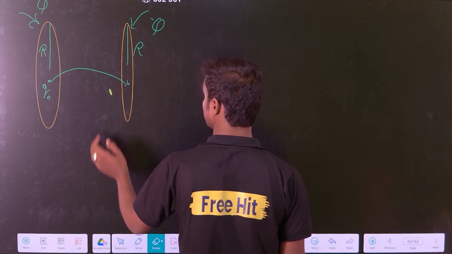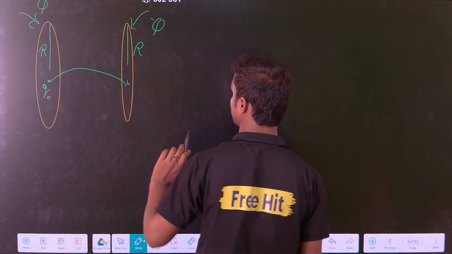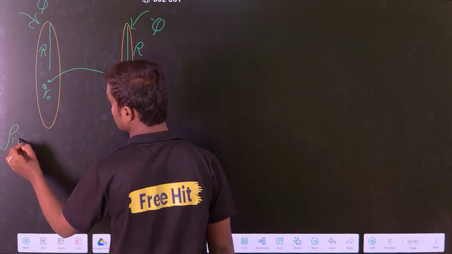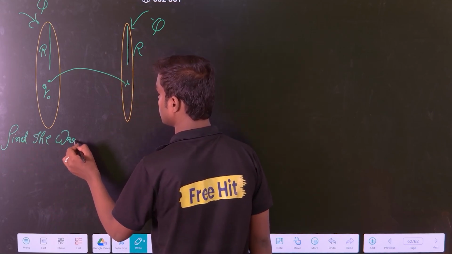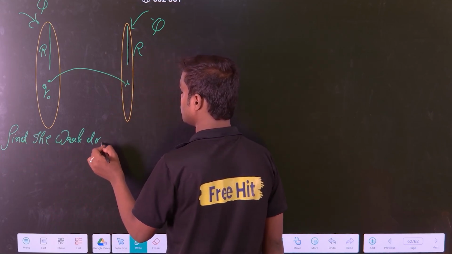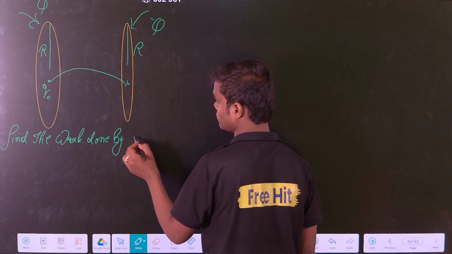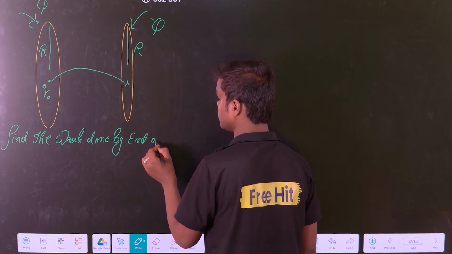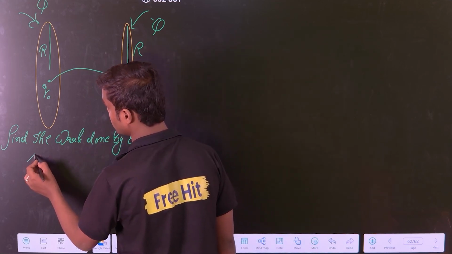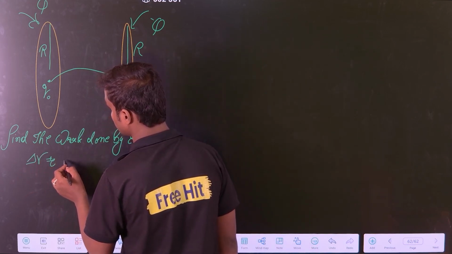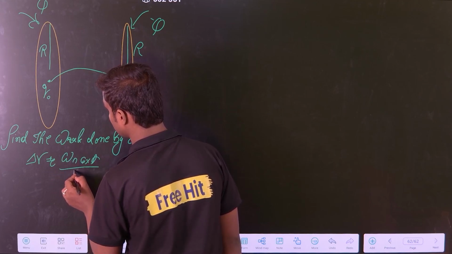So find the work done by the external agent. Now here we have learned the potential that will be useful. We know that delta V is equal to the work done by the external agent divided by q naught, correct?